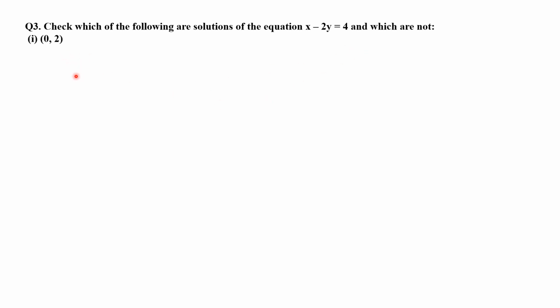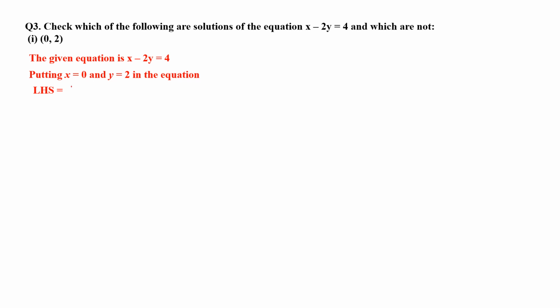So for the first case, what is the given equation? The given equation is x minus 2y equal to 4. And now I am going to put x as 0 and y as 2 in the LHS. So x is 0.